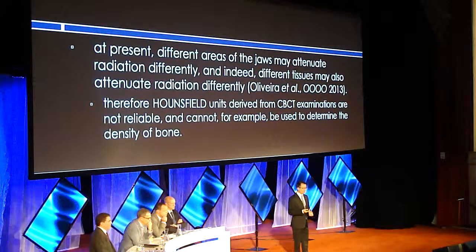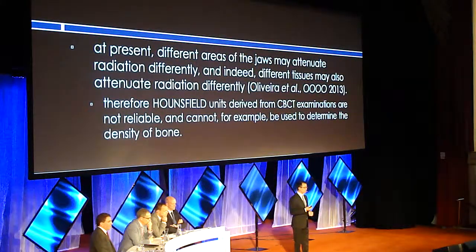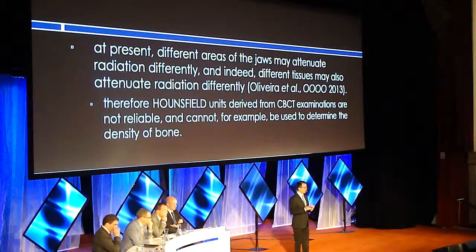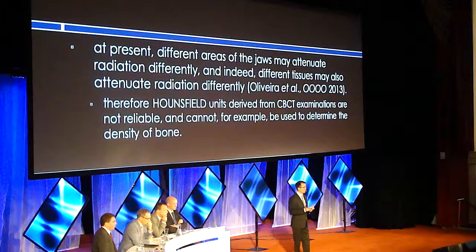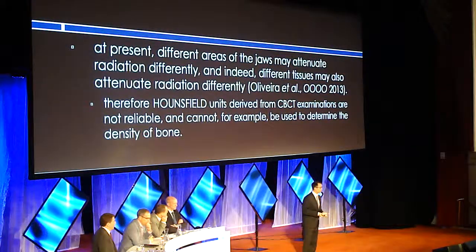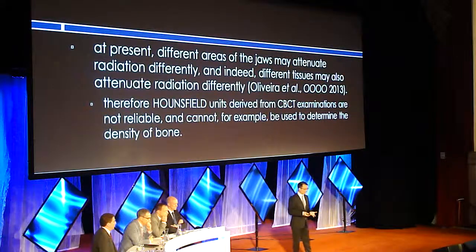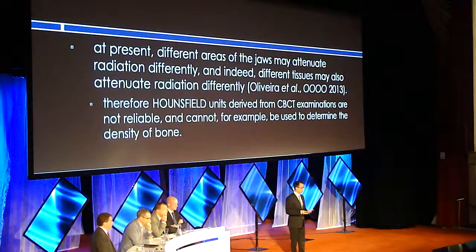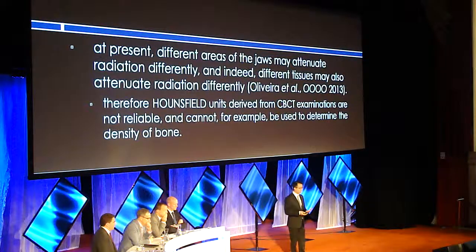Unfortunately, in cone beam CT, it is not possible to do this because the intensity of the image is actually quite variable and it's arbitrary. So at present, we know that different tissues attenuate radiation differently in cone beam CT scans.